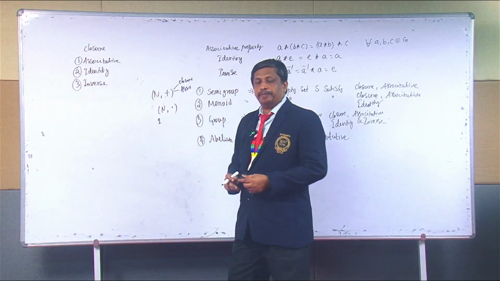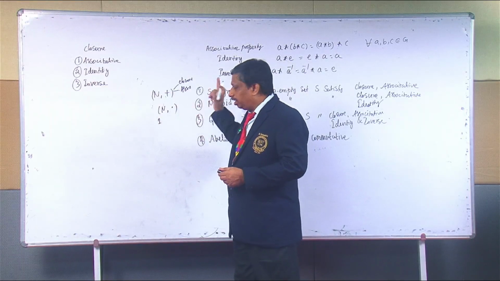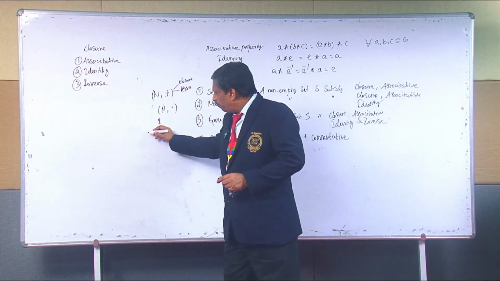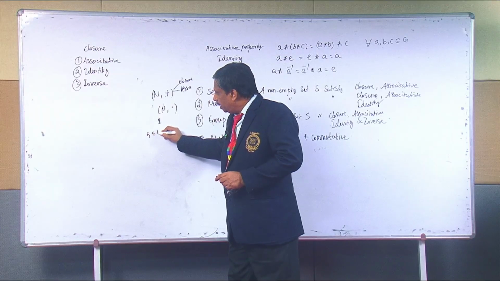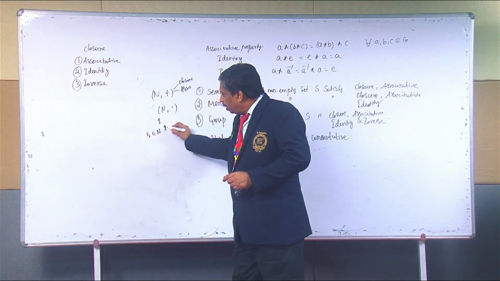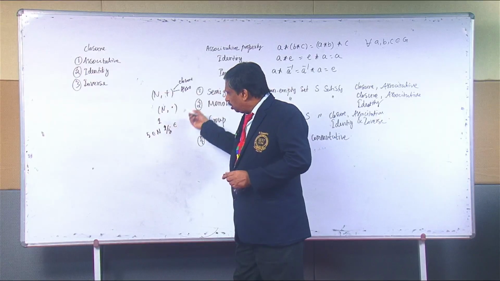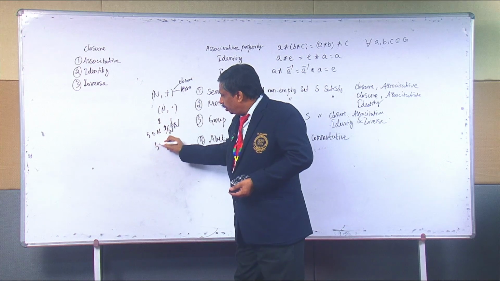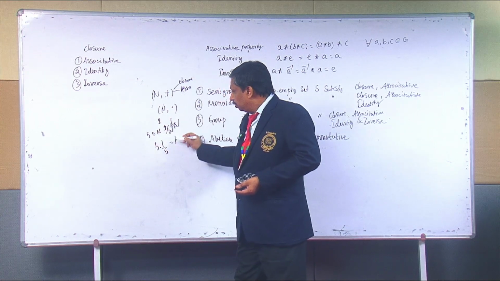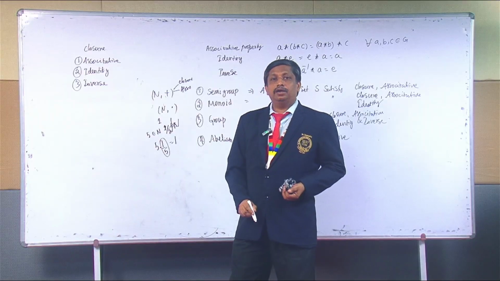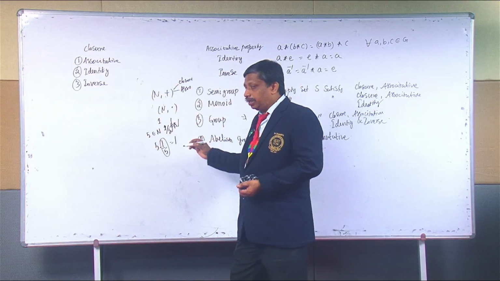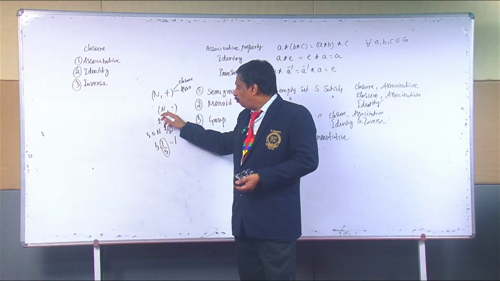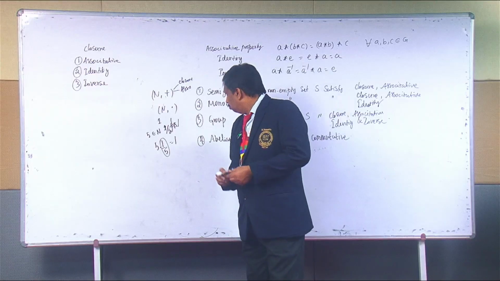Therefore N comma dot is a monoid, but it is not a group, because if I choose the number 5 in N, I cannot find 1 by 5 in N, because 5 into 1 by 5 gives the answer 1. 1 by 5 doesn't belong to N, therefore it does not contain the inverse element. So N comma dot is a monoid.